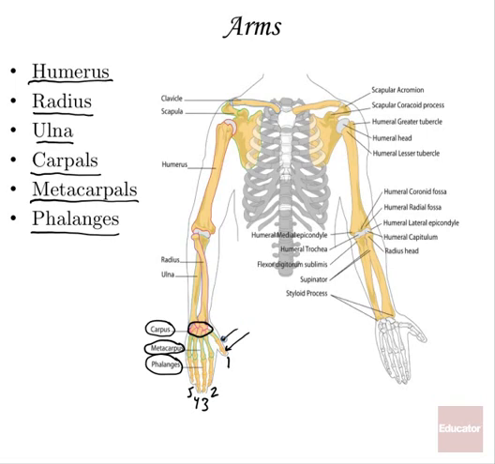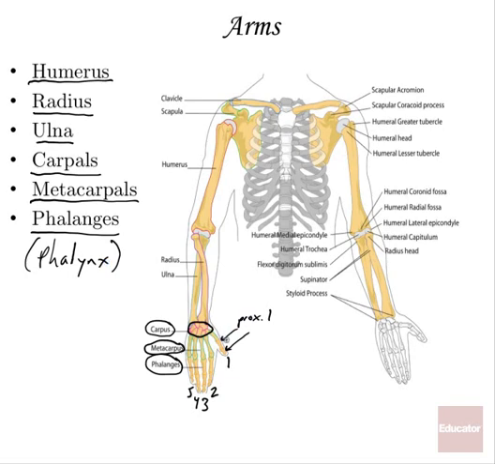The one that is closest to the trunk of the body, you can call that proximal phalanx 1. And the word phalanx means one. You don't say phalange. Phalange is not a real word, but phalanx is the singular word.